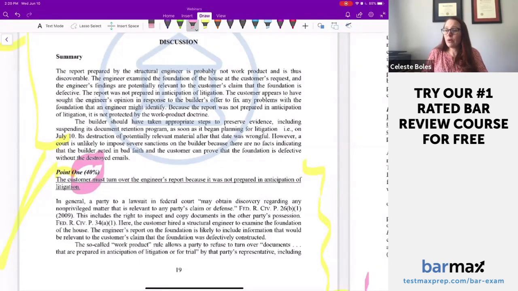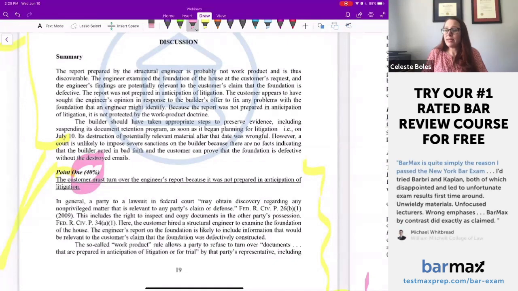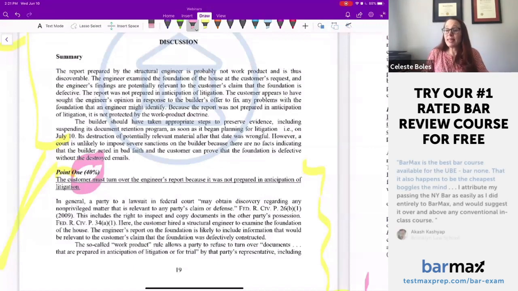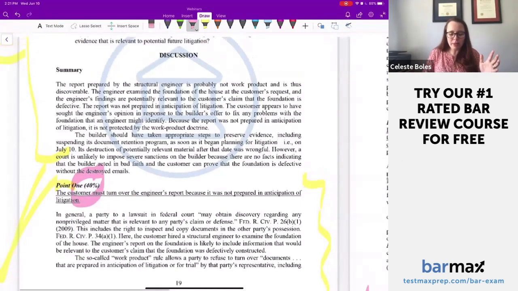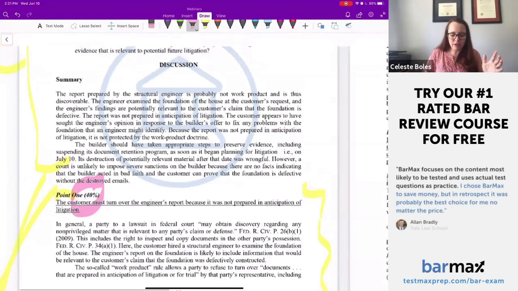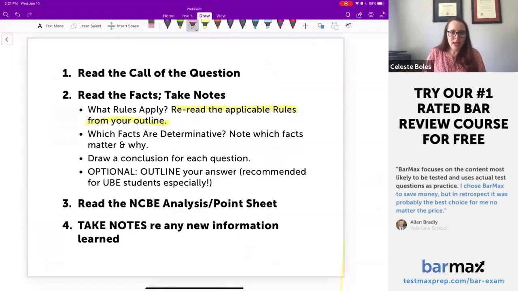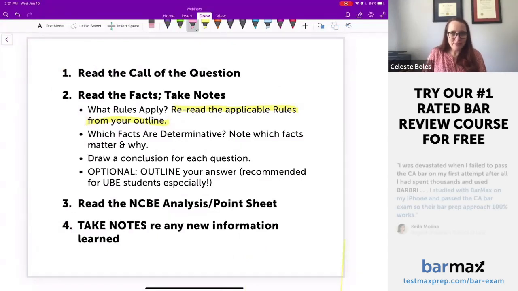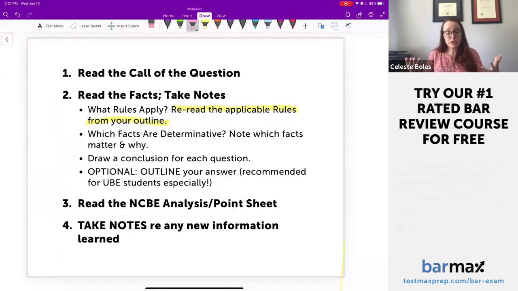So let me scroll down. We've given the overview of how to use these essays effectively. Now, let me talk about the topics covered. There are a lot of essays, not surprisingly, that touch on jurisdiction, either subject matter jurisdiction or personal jurisdiction.